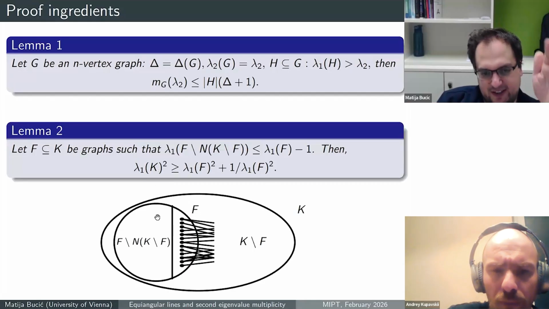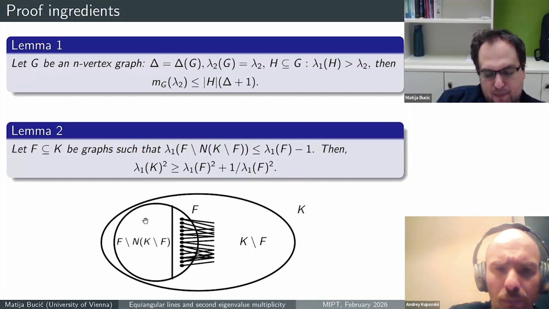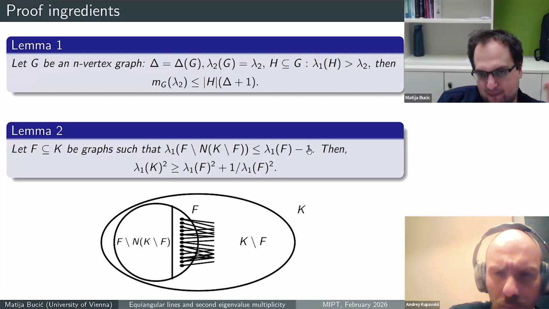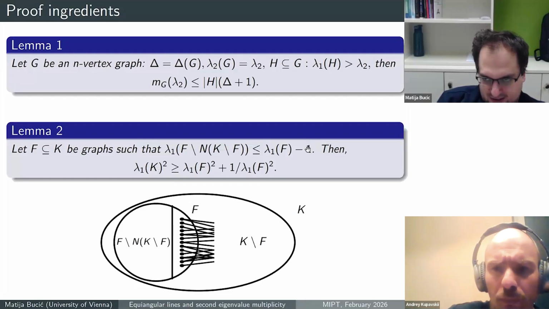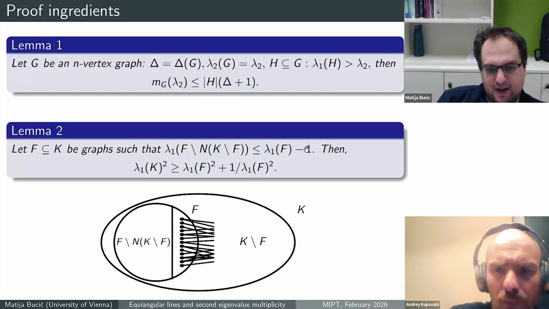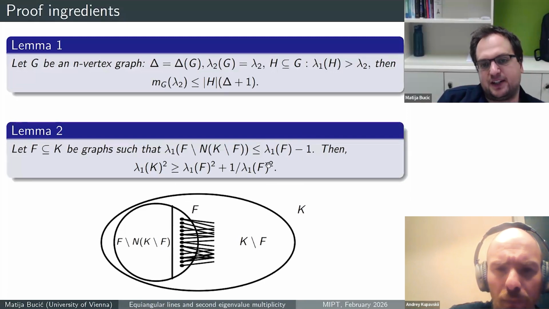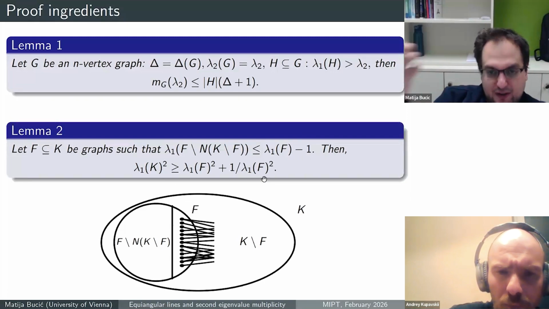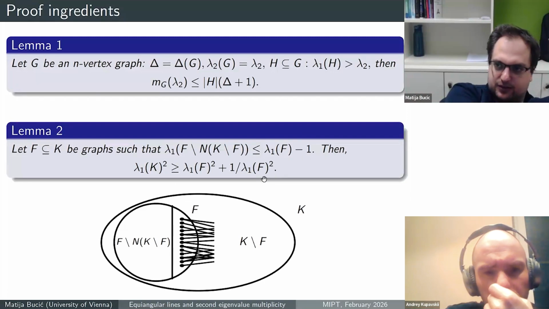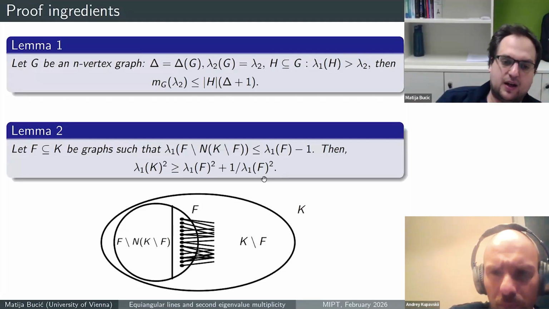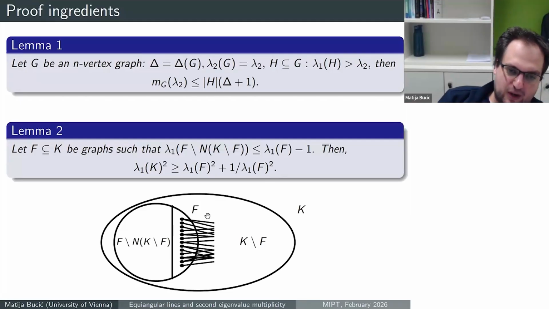So you keep deleting boundaries or neighborhoods of the complement, up until you decrease the largest eigenvalue of this small thing by something tiny, but just some noticeable amount. At that point, you get the increase, which is 1 over lambda 1 to the power of how many boundaries you killed. And of course, if you do this diameter many times, you will eat the whole graph, and you get the Nikiforov bound back.